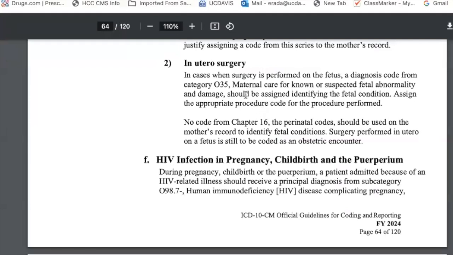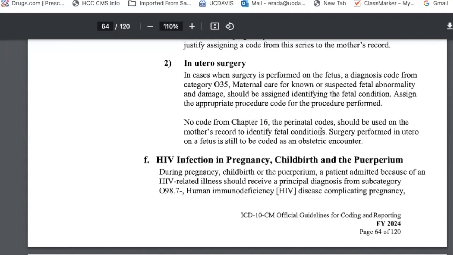The guideline says an O35 code should be assigned for this case, and assign the appropriate procedure code for the procedure performed. It's still assigned as an obstetric encounter. See here? This is still an obstetric encounter. It's not perinatal.